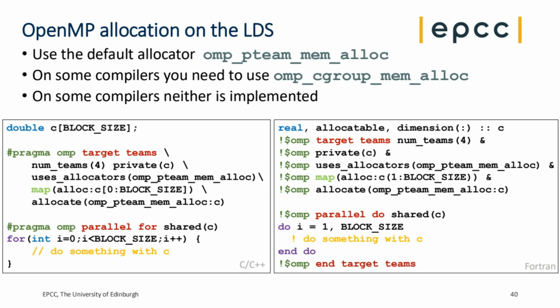Then we allocate that C array explicitly on the device using the pteam mem alloc allocator. Again, that's another way of indicating that you want to use the memory that is closest to the compute unit.